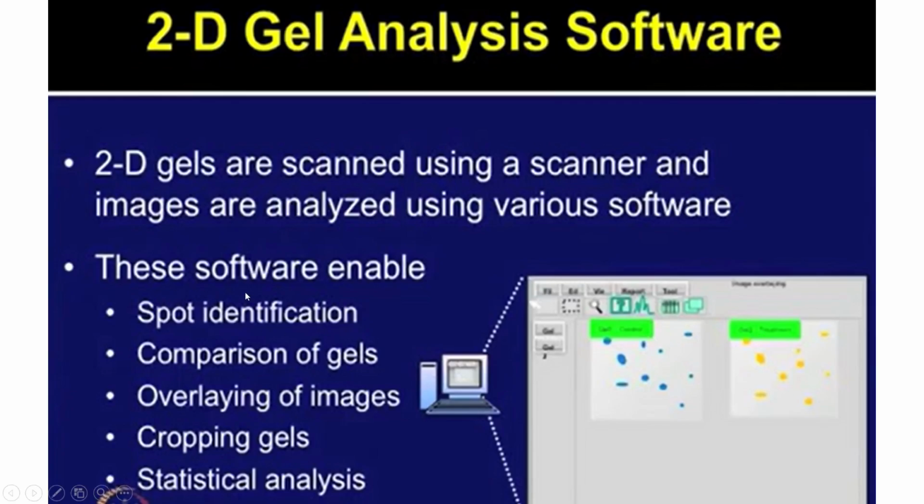So what does this software do? It helps in spot identification. It helps in comparison of gels. It helps in overlaying both images also. Overlaying will directly tell you what is the difference between two of them, right? It also helps you crop the gels. It helps you do statistical analysis, etc.